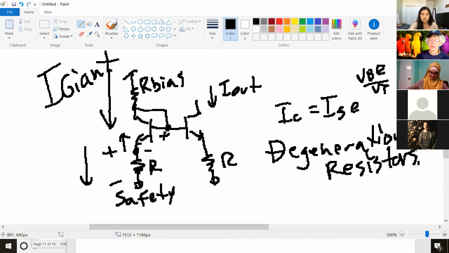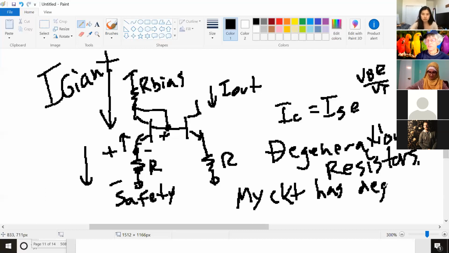You say, my circuit has degeneration. My circuit has degeneration. I couldn't quite fit that in, but yeah. So this right here will protect your circuits.